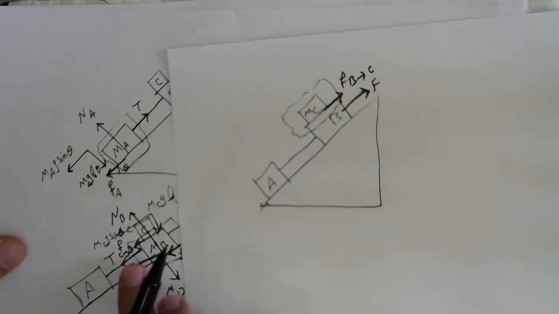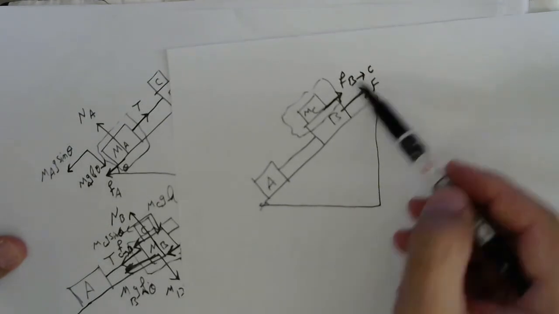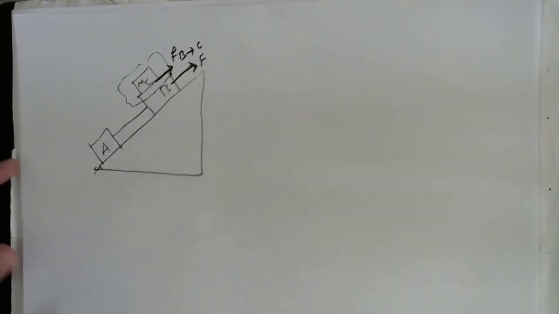But according to Newton's third law, this acts from C to B, and this acts from B to C. Although they are the same magnitude, they have two different points of action, therefore they don't cancel each other.